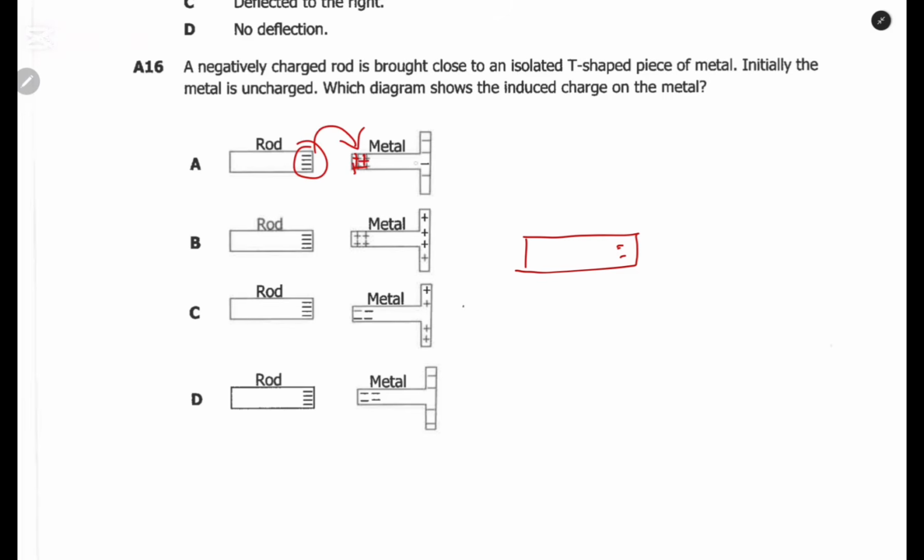This causes the separation of charge in the metal, which means the negative charge will be pushed away, and the positive charge will be attracted to the negatively charged rod, and therefore A is the answer. If you look at this one, there's negative, positive, but also there's positive here, therefore this one is not. Negative, negative, this is no. Negative, negative, this is no. So therefore the answer is A.